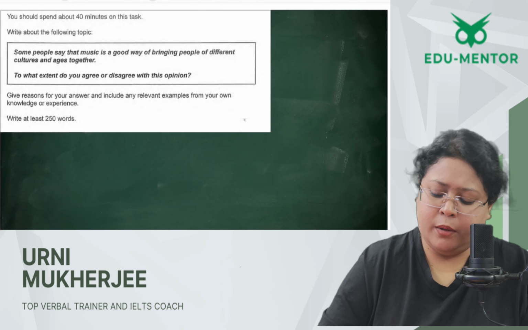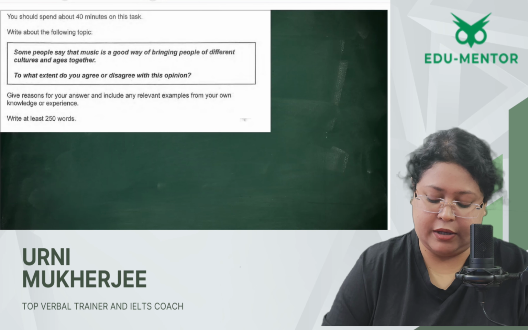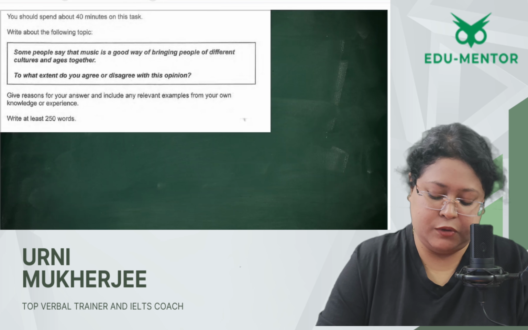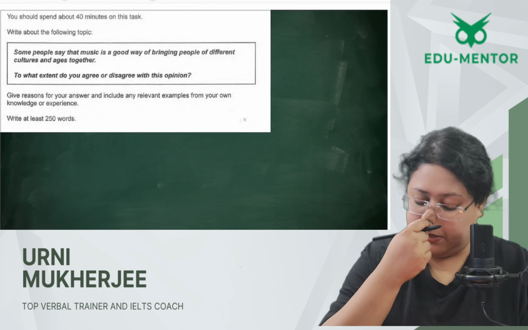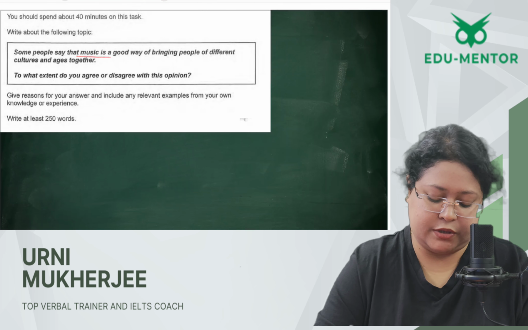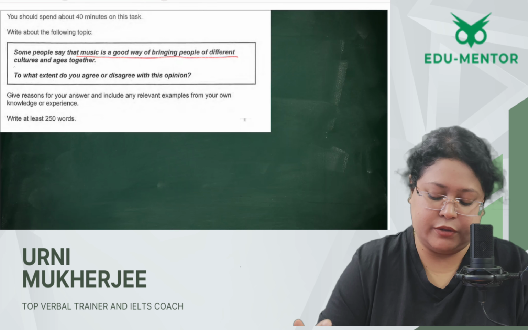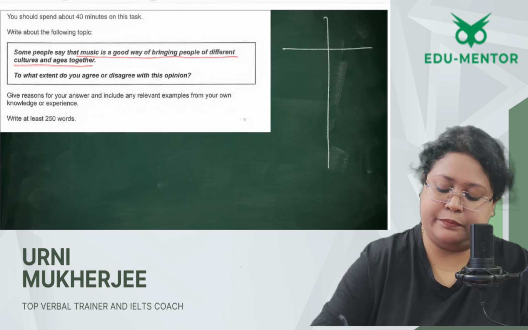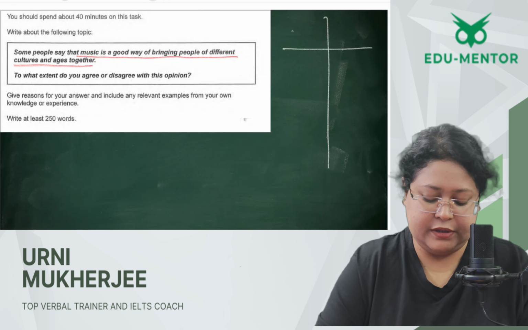So moving on to another example. Look at this. Some people say that music is a good way of bringing people of different cultures and ages together. To what extent do you agree or disagree with the opinion? So again, you can technically make two sides out of this, right?